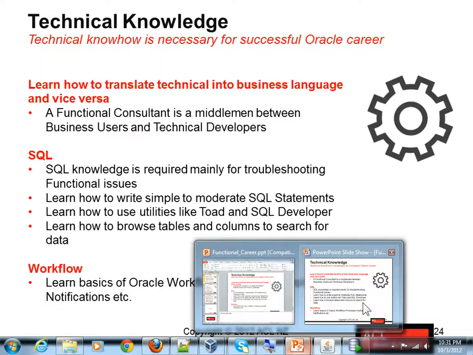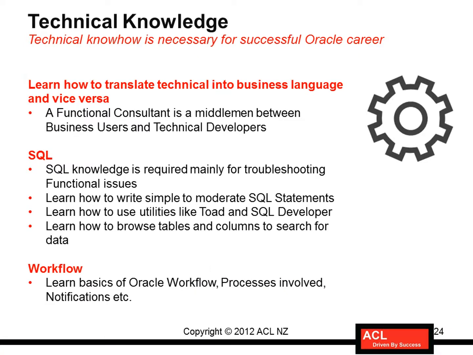Then one thing which I have not listed here is also very important: you should know how to search or find solutions for functional issues through the internet. The best source for that is the Oracle support website, which is at support.oracle.com.